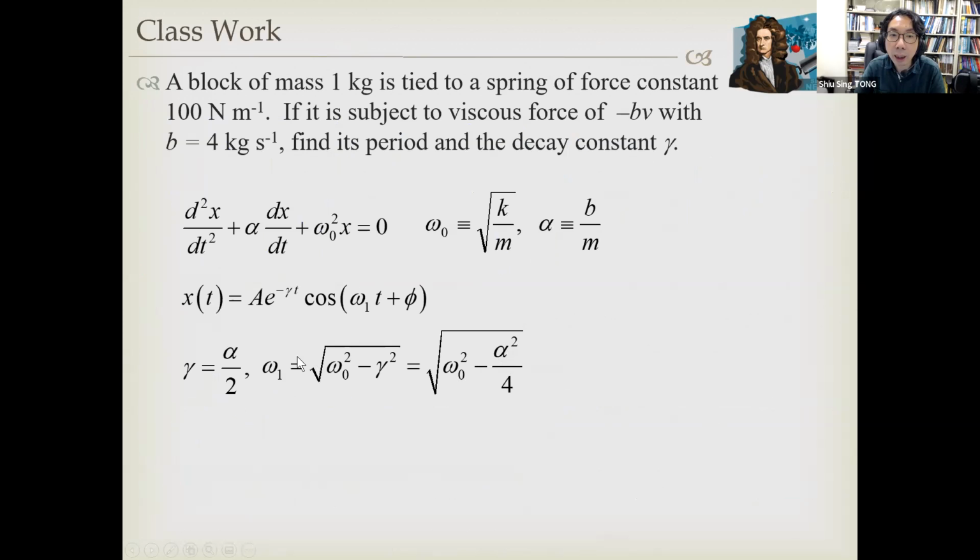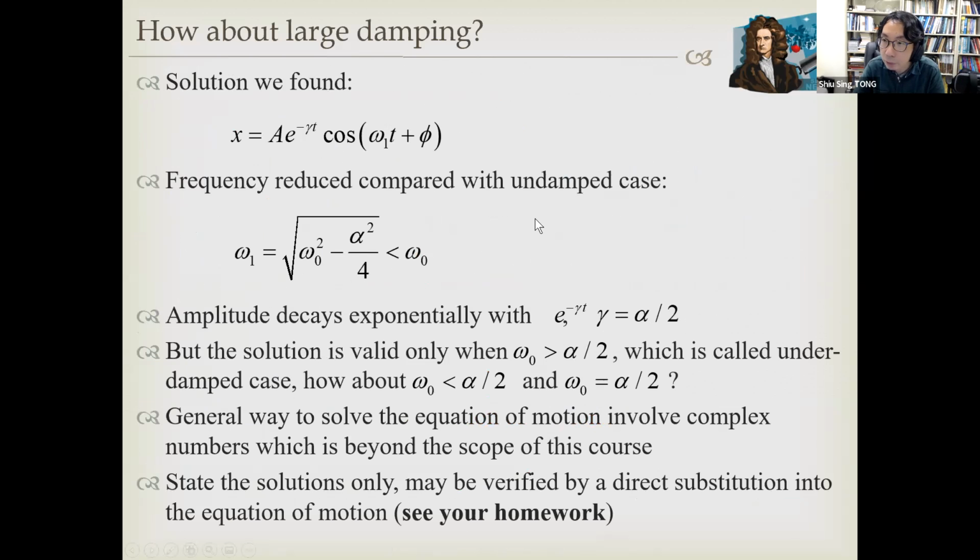Now I expect you to do this example yourself at home. And in the next lecture, we will talk about energy for damping, and we'll also talk about other cases of damping. We'll also consider cases where the damping is large, so that there will be no oscillation at all.